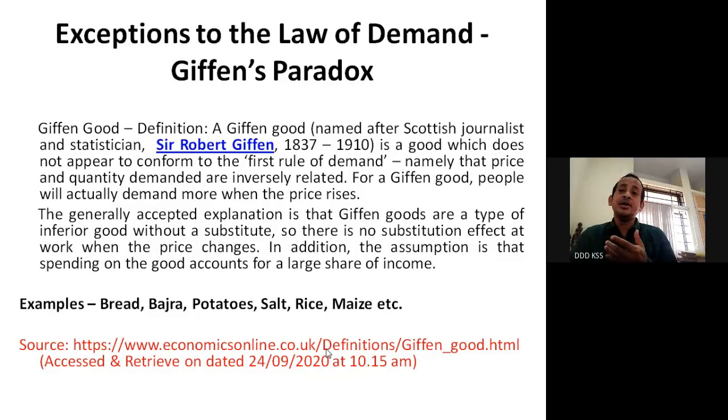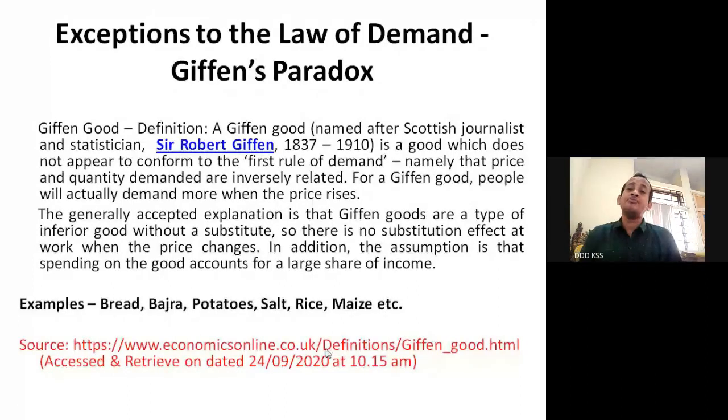Questions may come. From this session, mainly there are 3 question-answers we have addressed. First question, what are the reasons for the downward slope of the demand curve? Second, what are the reasons for the upward slope of the demand curve? Then discuss the exception to the law of demand with example.